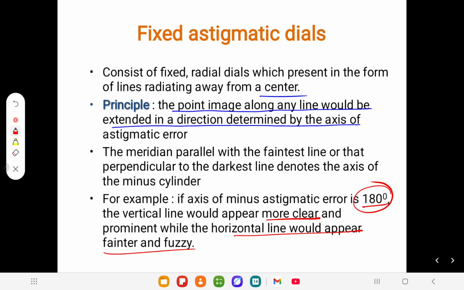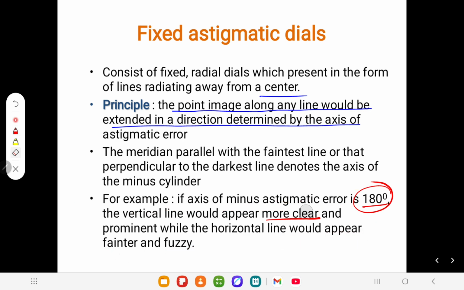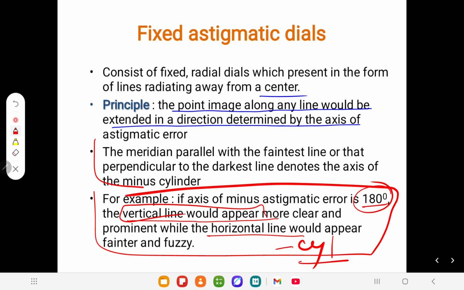We have already declared, suppose the astigmatism error is at 180 degrees minus cylinder, and then what must the patient see? The patient must view the vertical line more clearly. That means parallel to the horizontal line we have to put minus cylinder, isn't it? That's the example.